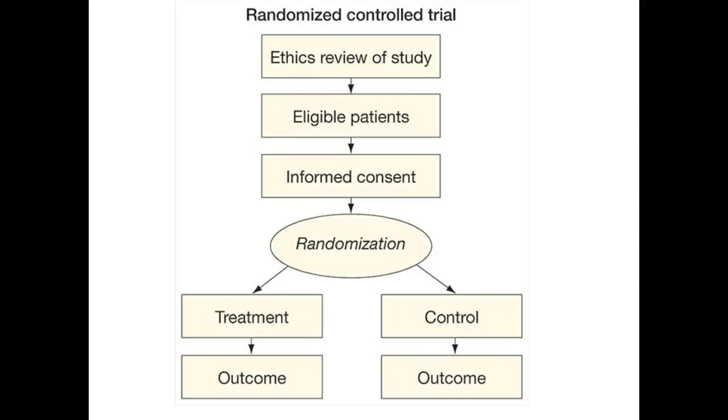And so once that has been approved, the researcher will then find eligible patients or eligible subjects, and they will have them sign what we call an informed consent. This is where you are listing the risks and benefits of this research study. If the person doesn't want to participate, if they want to drop out at any time, those are all things that need to be offered to each of the participants.